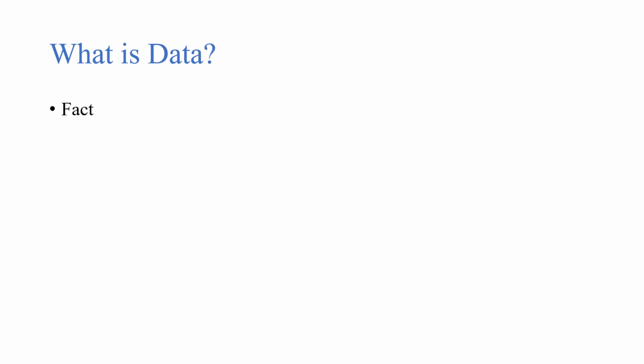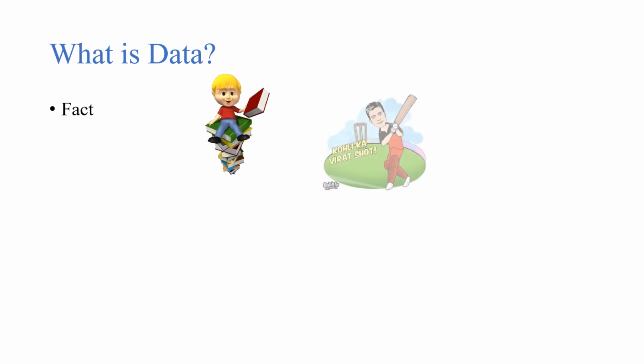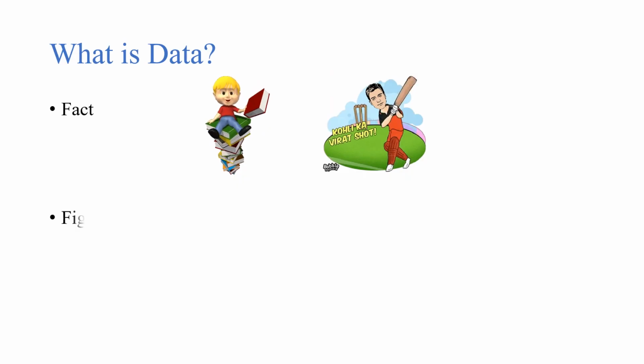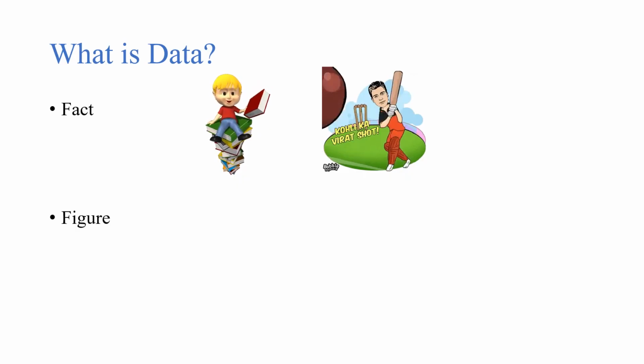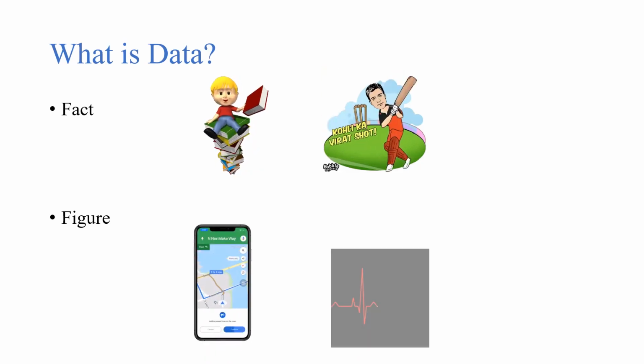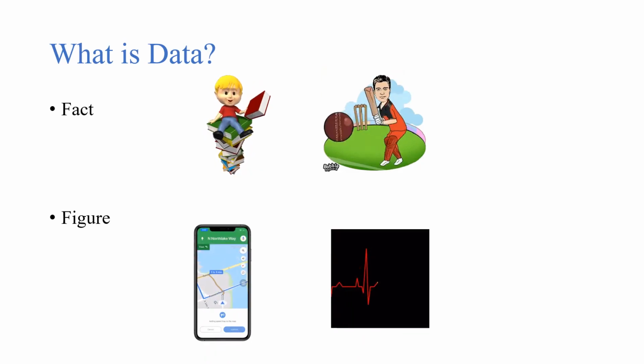Data represents facts like marks of students in their final examination or the score of Virat Kohli in a cricket match. Sometimes data may represent a figure like Google Map or a plot of a patient's heartbeat.